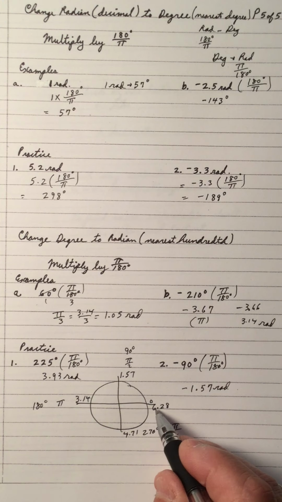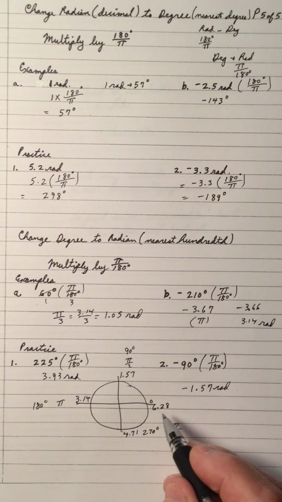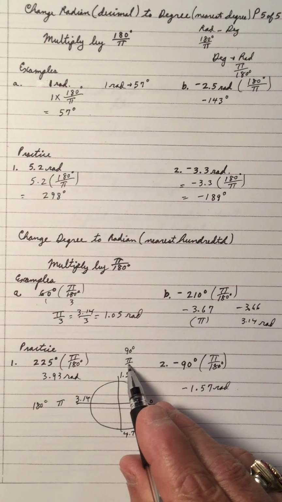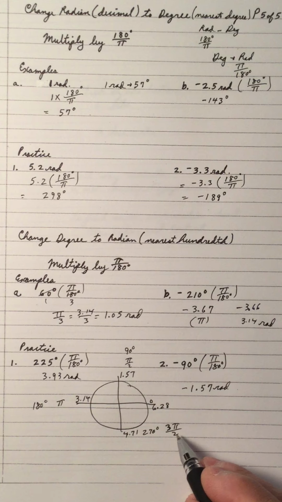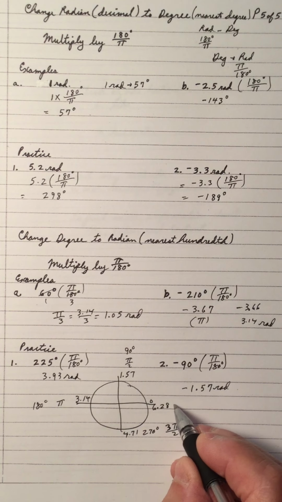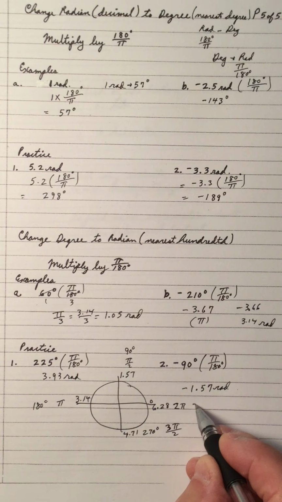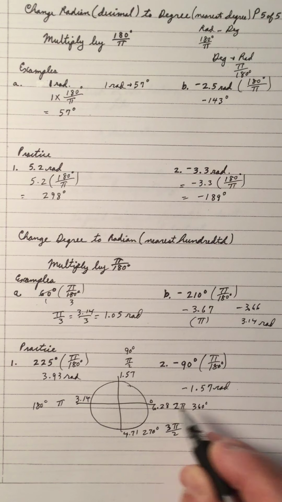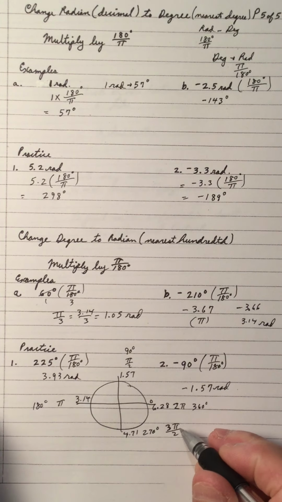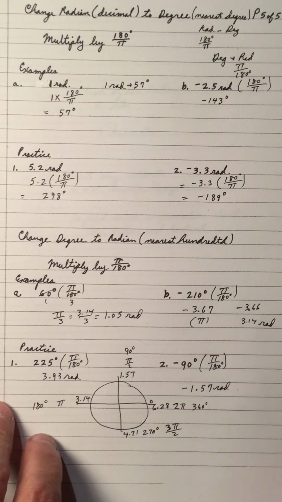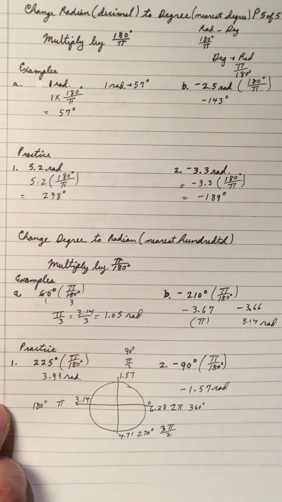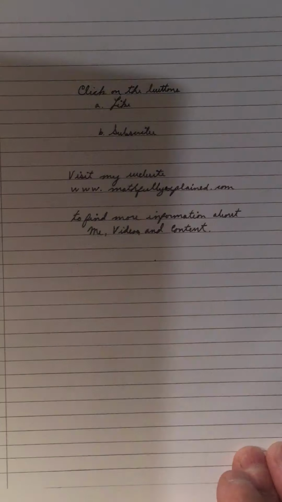So the radians as decimals, there they are. The radians in terms of pi are pi over 2, pi, 3 pi over 2, and this is 2 pi, or it's 360 if we rotate all the way around, or 0. And degrees.